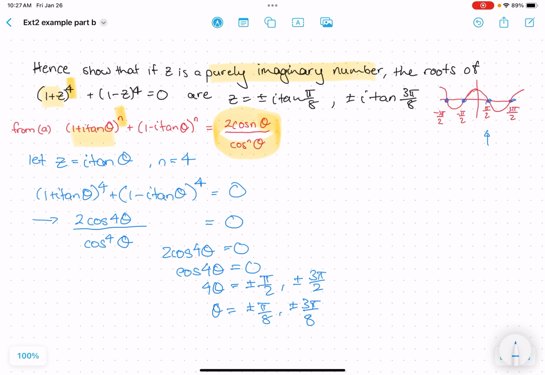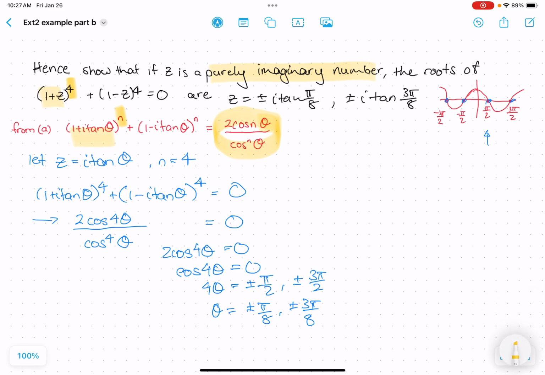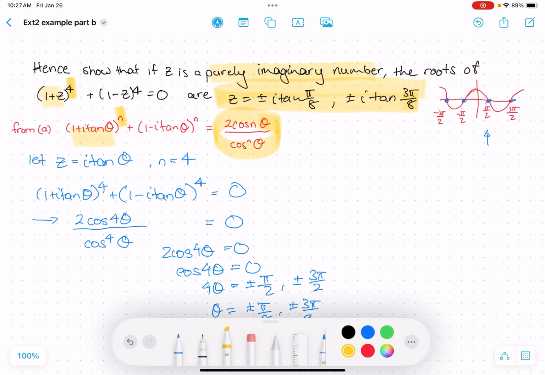Okay, let's just go back to the question now. It says, let me get my other pen. We're showing that the roots are these two, z equals plus or minus i tan. So what have we got here? We've got the theta, but we have to put it back into our z. We said let z equal i tan theta, and z, of course, are the roots.